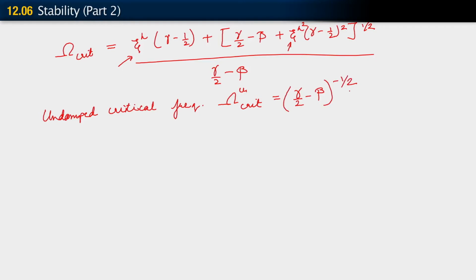Just want to point out that this undamped critical frequency is a lower bound to omega critical. So what we are seeing is that the undamped critical frequency is less than or equal to the actual critical frequency when you have some damping.